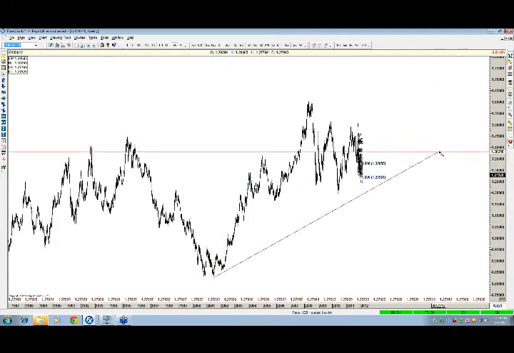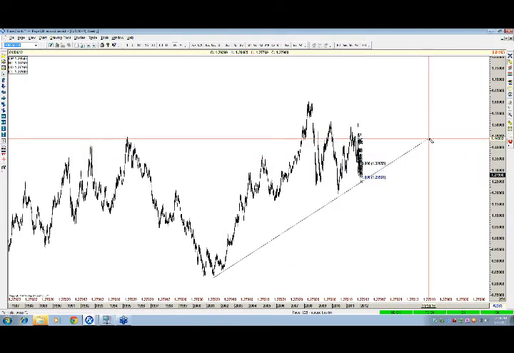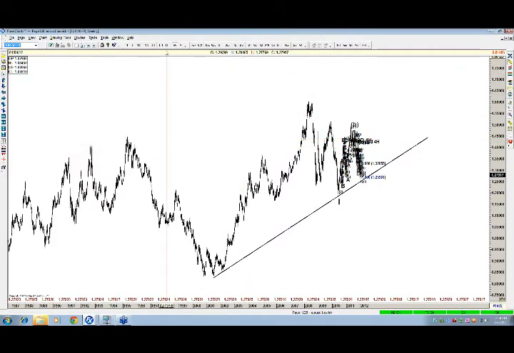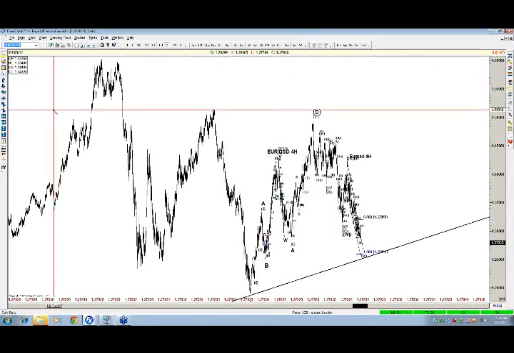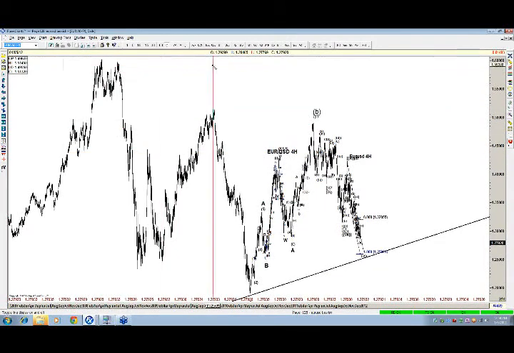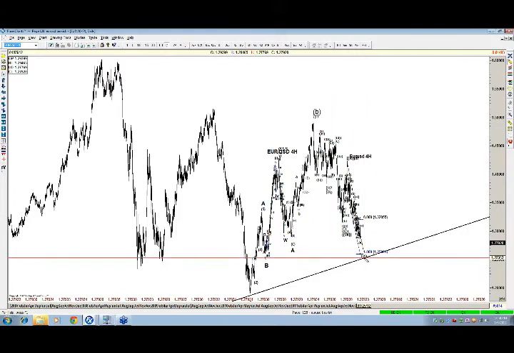That trend line comes from the year 2000. I'm going to trace it here. Let me show you guys where it is now. Right now it comes around 1.2560.